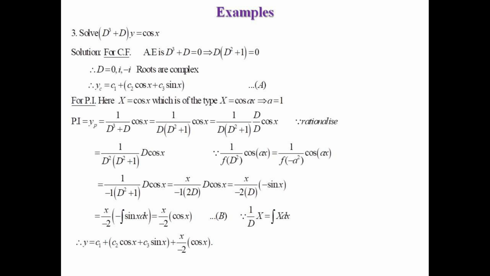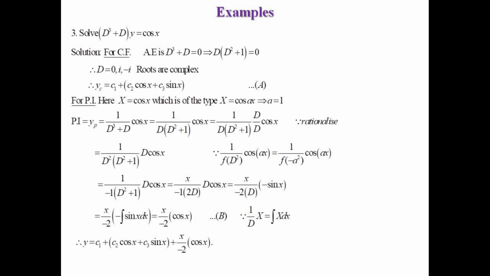So now the first term is d, and in the bracket we get d square plus 1. Now to get d square as the first term, rationalize this. We are rationalizing this term because after rationalization we get d into d as d square. So after rationalizing we get the denominator as d square into the bracket (d square plus 1), into d cos of x.